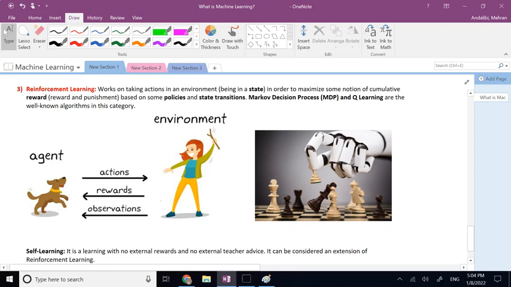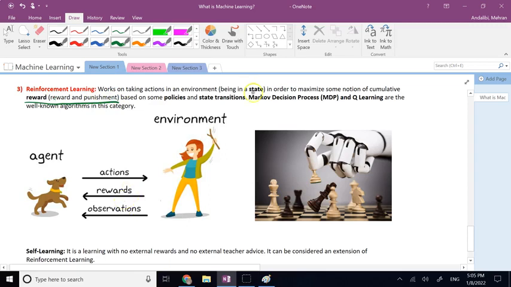What is reinforcement learning? The idea is based on the notion of reward and punishment. You do a good thing, you get a reward. You do a bad thing, you get a punishment. Here we just use the word reward because, for the sake of machine learning, we can consider punishment a negative reward. Okay? So reinforcement learning is this.